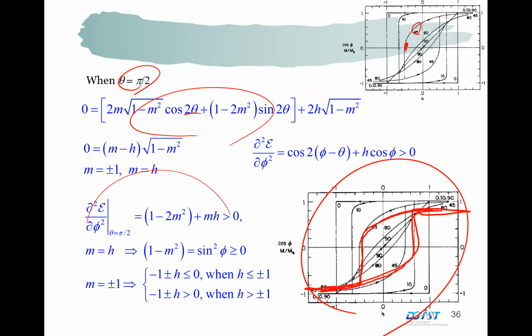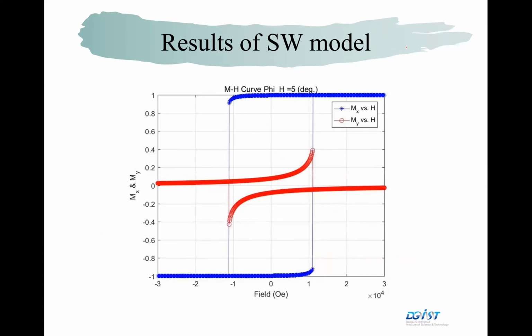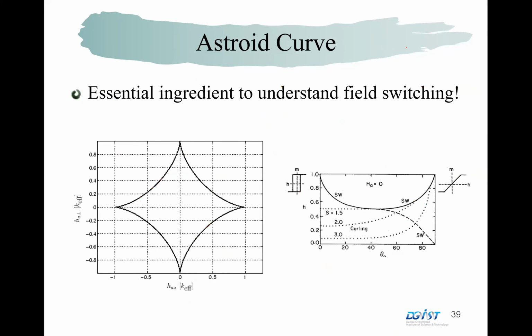Okay. And this is very important for field switching devices. This is the purely mathematical description called the asteroid curve.